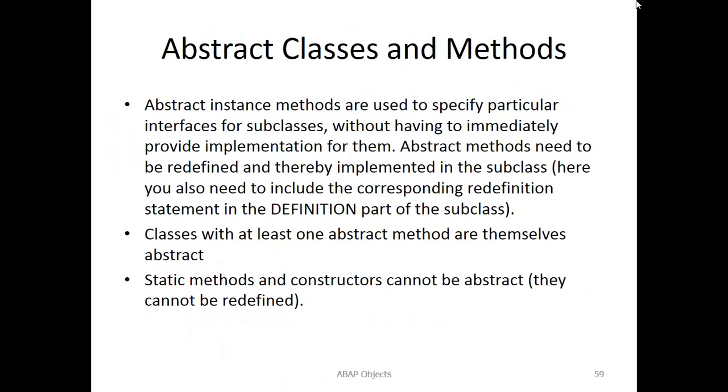Abstract class and abstract methods. An abstract method is just defined, with no implementation. If any class has at least one abstract method, that is called an abstract class.